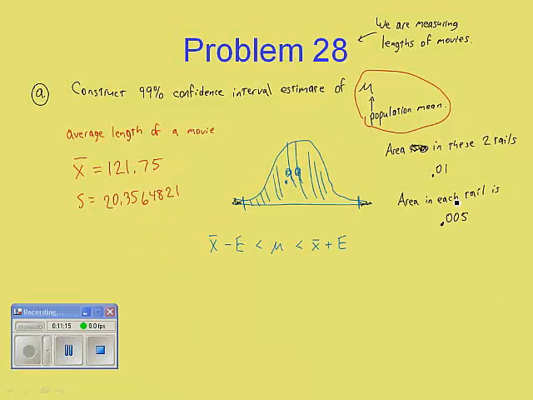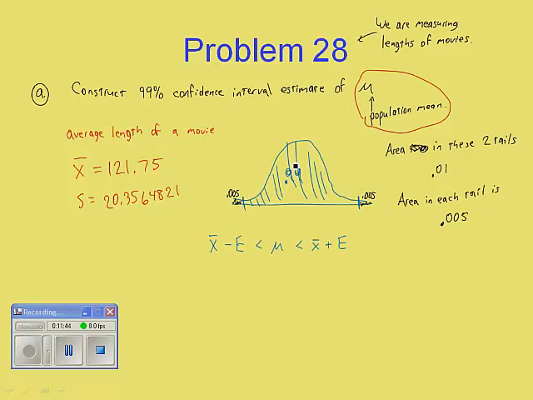Now, why do I bring this up? Because last time, we found a Z value based on that information. We knew that this was 0.005, so you'd find the Z value for that, and this one is 0.005, so you'd find the Z value for that. Now that's not what I'm doing this time. This time I'm doing this as a T distribution.